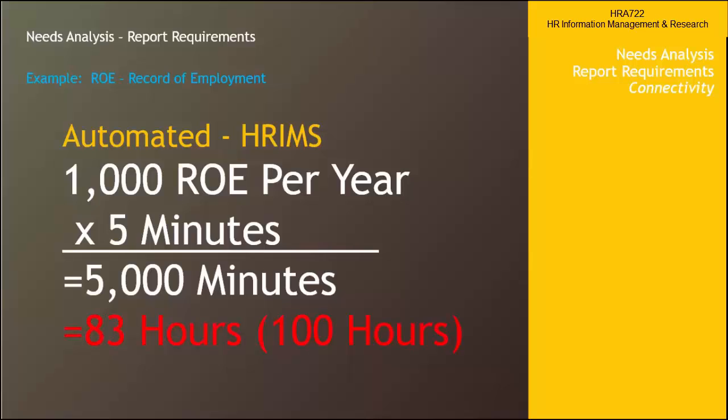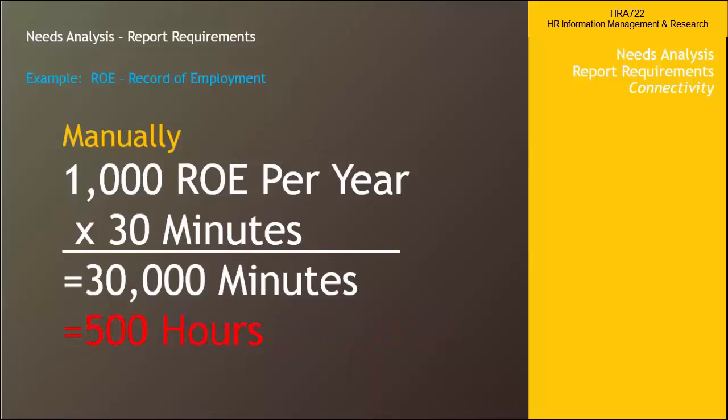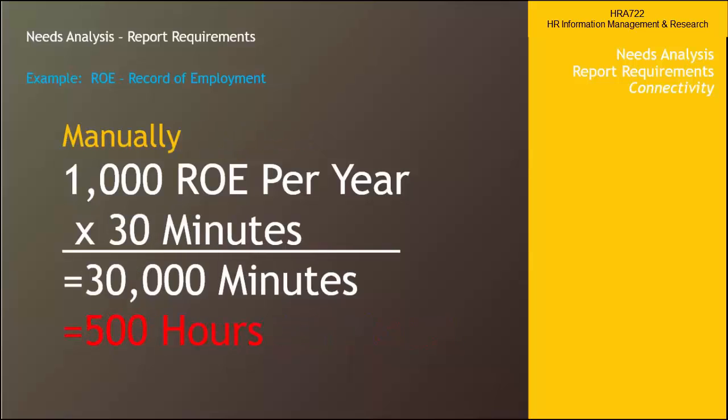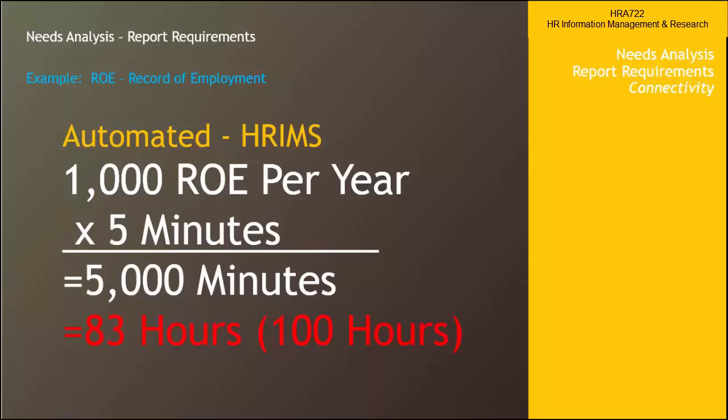So all you have to do is click a button. It will automatically do a record of employment for one or more employees. So now you're down to 5 minutes per. You're going from 30 minutes to 5 minutes. And you know what? That's 5,000 minutes. It comes to 83 hours, but I'm just going to say 100 hours. Is that okay? So you're going from 500 hours you were spending doing these reports to less than 100 hours.